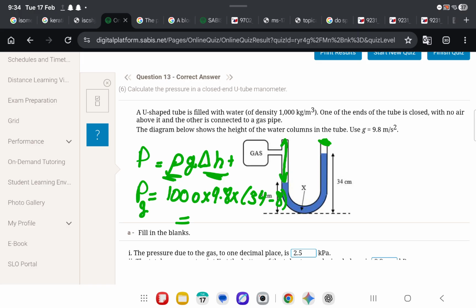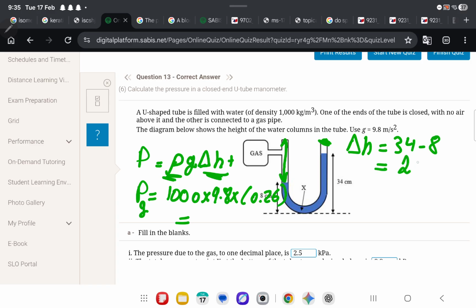You get 254,800. I missed something because there's no way this is correct. No, you change this to meters. So it would be 34 times 10 to the power of minus 2 minus 8 times 10 to the power of minus 2, 0.26. Delta h is 34 centimeter minus 8 centimeter, so this gives you 26 centimeters.